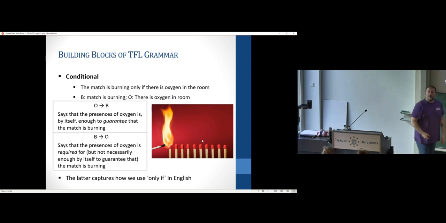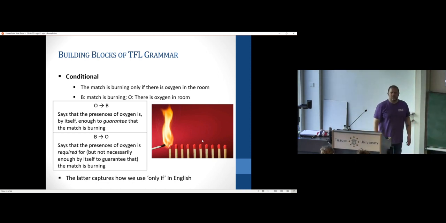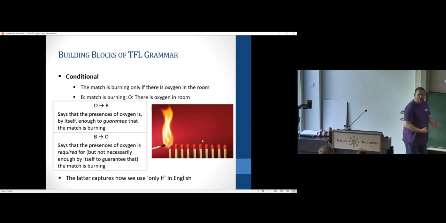So that's why we think only if in this weird backwards way. If you see only if in the middle, you take the thing before the only as your antecedent and the stuff after as your consequent. Again, it's weird. I know it's weird. But this example, I think, helps make it clear why we do it this way.